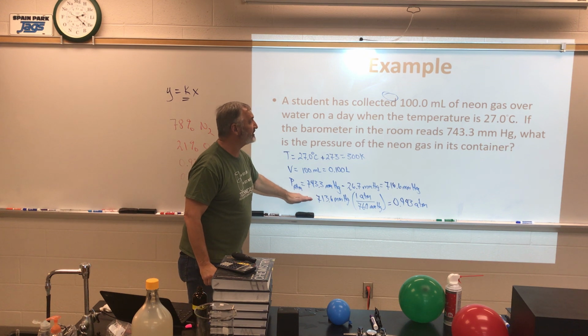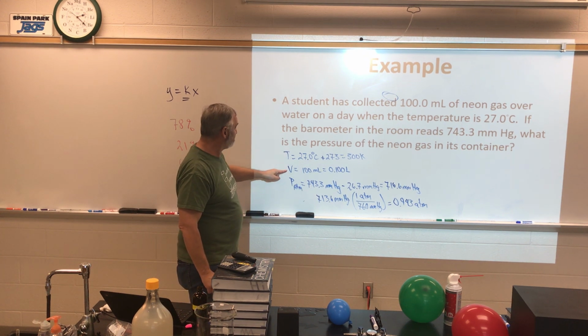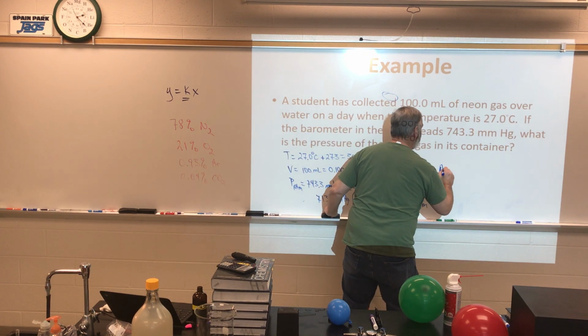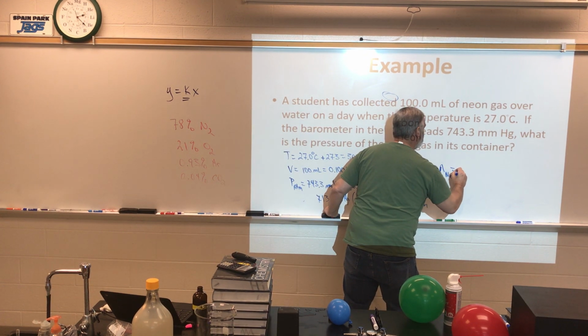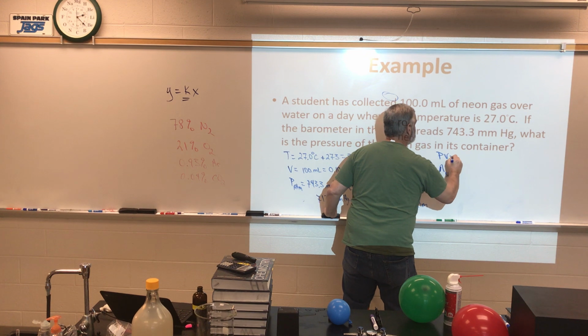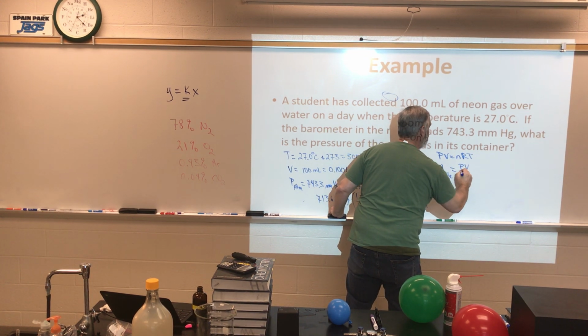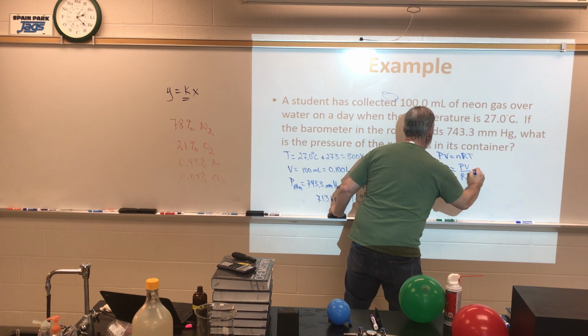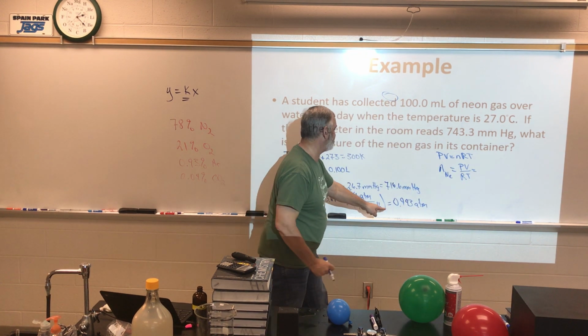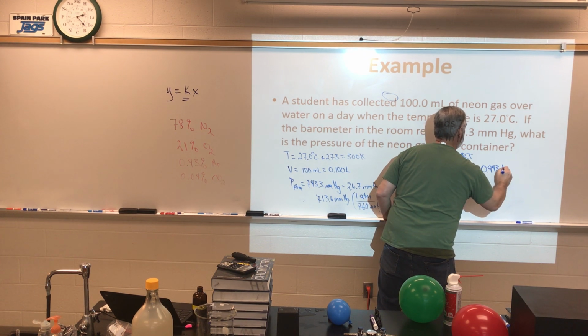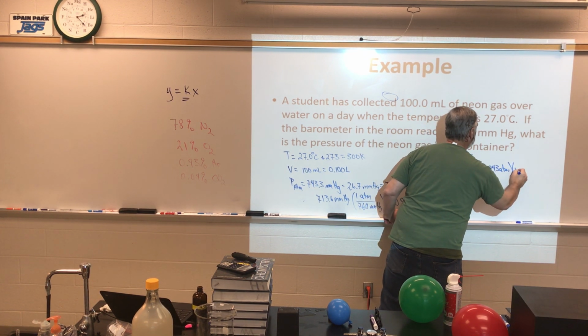All right, so let's just take this one step further and say that, okay, I now know that's how I calculate my pressure, but now I know the temperature, I know the volume, I know the pressure. I can calculate how many moles of gas, moles of neon, because PV equals nRT, n is going to equal PV over RT. So I can take my pressure of my dry gas, 0.943 atmospheres. I know the volume is 0.1 liter.